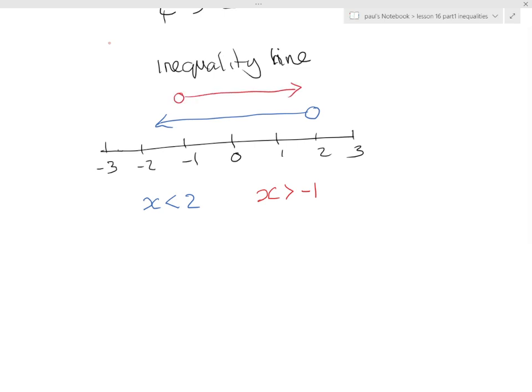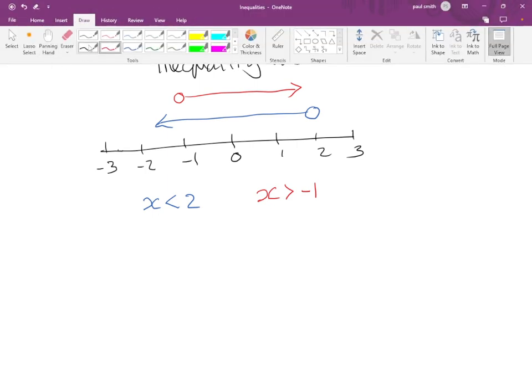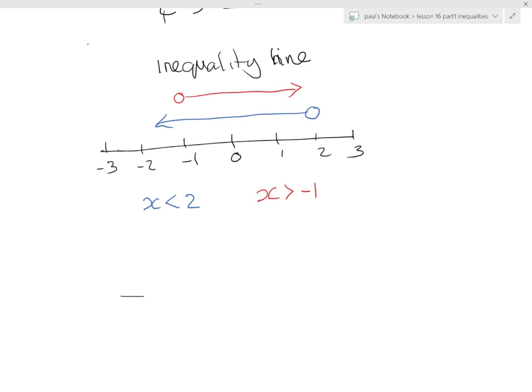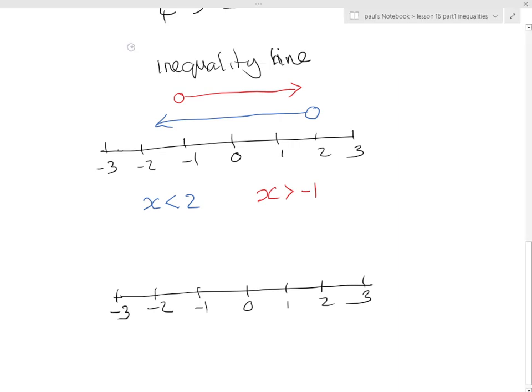Okay, now, what about the other ones. So let's do 0, 1, 2, 3, minus 1, minus 2, and minus 3. So again in blue we will go x is less than or equal to 2.